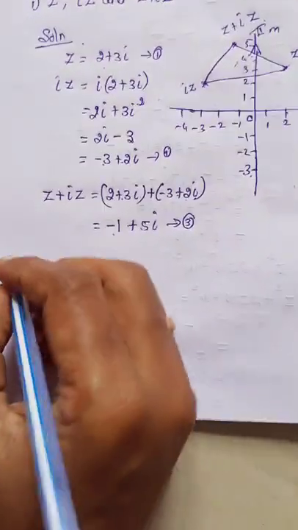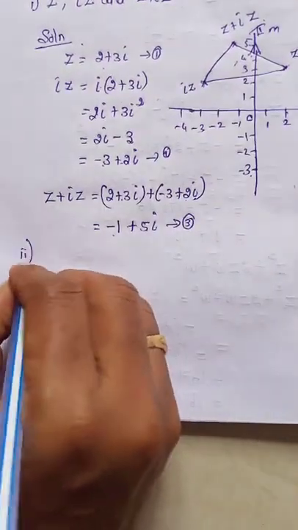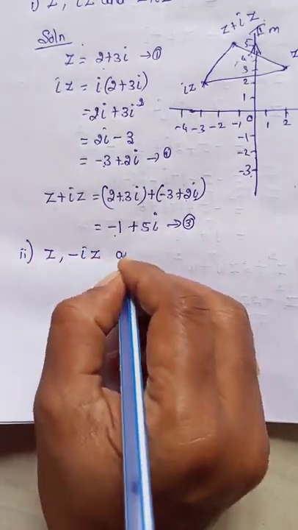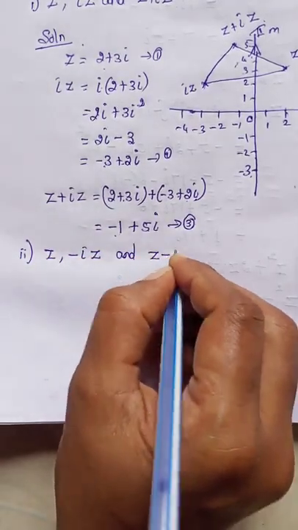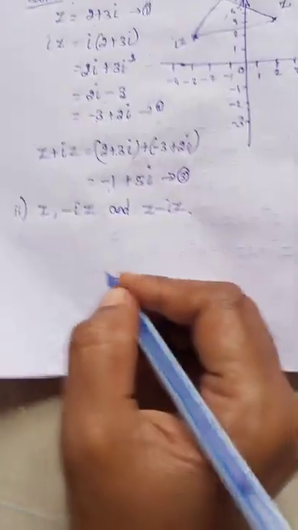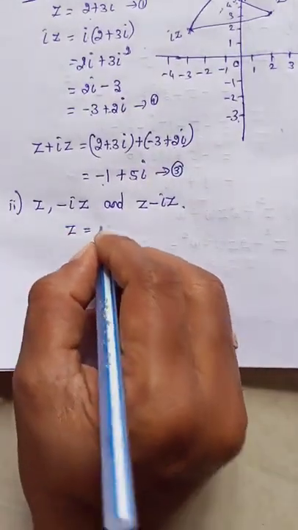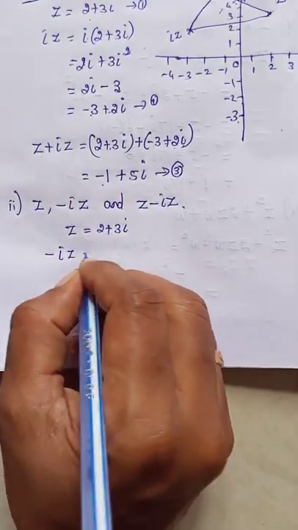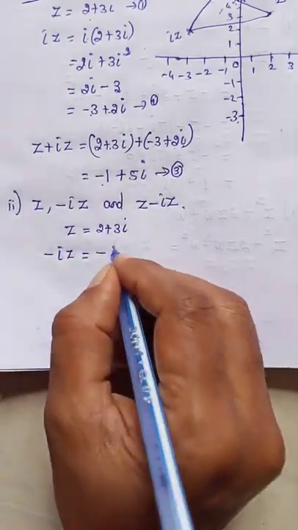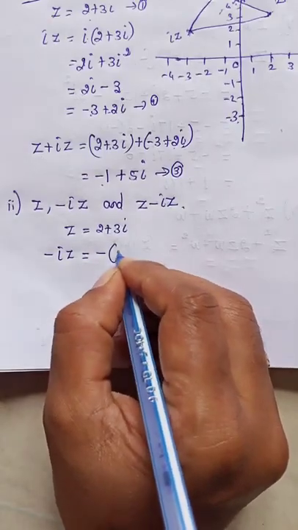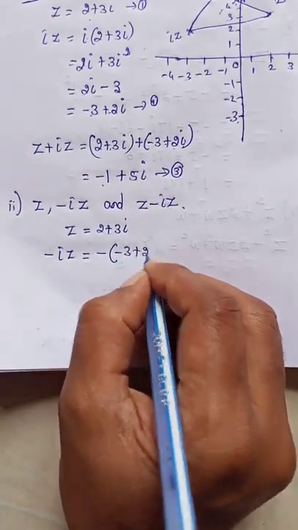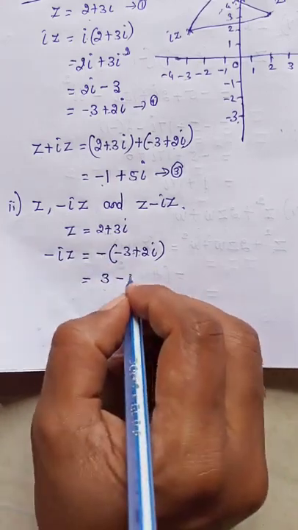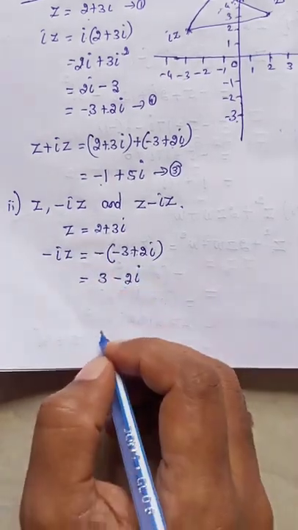The same way, subdivision 2: Z, minus iZ and Z minus iZ. Same way, Z we know is equal to 2 plus 3i. Minus i into Z, so the minus iZ value we know, that is minus of minus 3 plus 2i. So this will become 3 minus 2i.